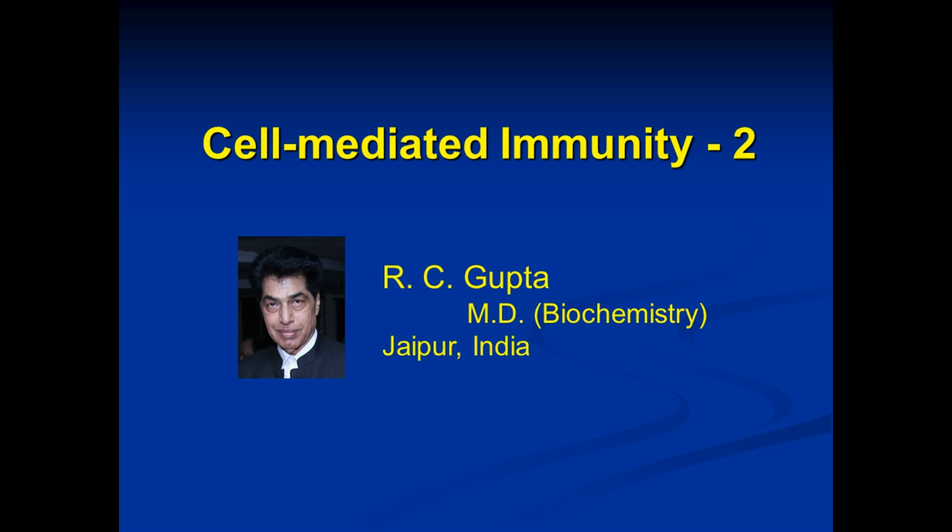So when a pathogen has succeeded in entering some of our cells, this pathogen will be dealt with by cell-mediated immunity. And cell-mediated immunity is the function of T lymphocytes or T cells.